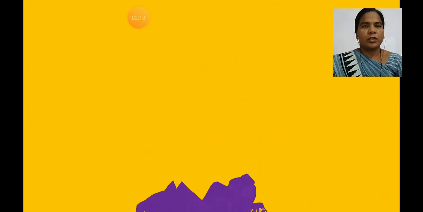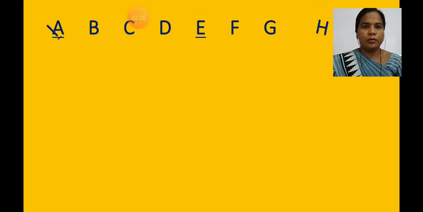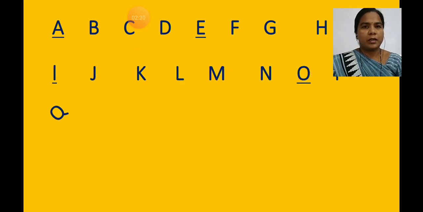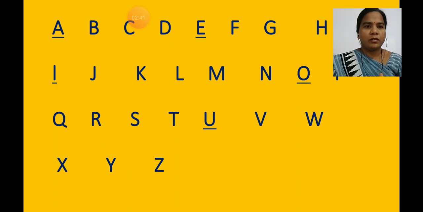So children, this is a very interesting portion which we are going to learn today. See these alphabet letters. You all know them, we also have them in the first lesson of our English grammar and composition. Now see here, the alphabet letters are given here.